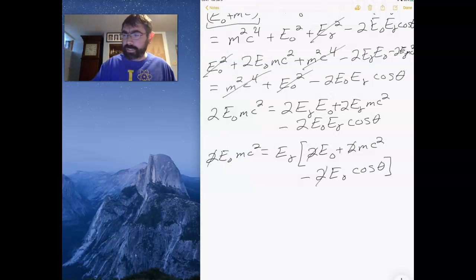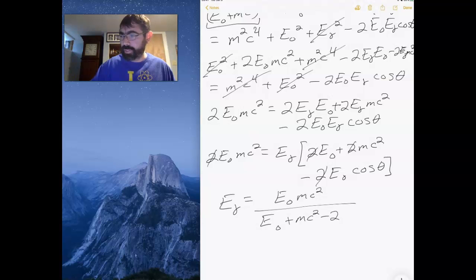And what I get is E gamma is E initial mc squared over E initial plus mc squared minus E initial cosine theta.